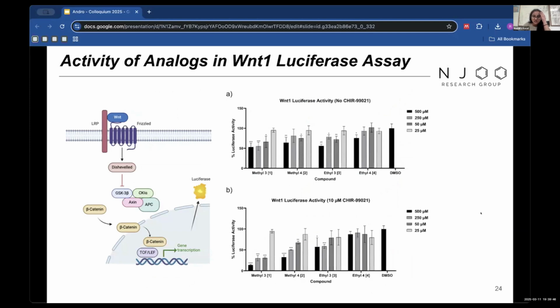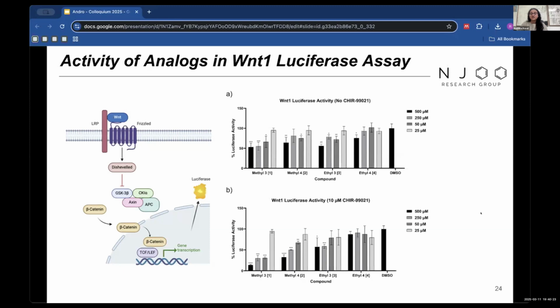Consistent with their putative mechanism of action as Wnt1 pathway modulators, compounds 1 and 2, the methyl 3 and methyl 4, exhibited potent inhibition, allowing for more luciferase expression above 25 micromolar, and compound 4 exhibited very minimal activity in this assay at all the concentrations, as it was quite minimally potent, which is consistent with the cell viability experiments.